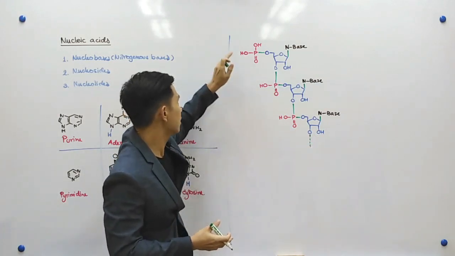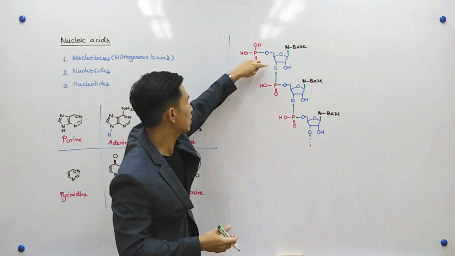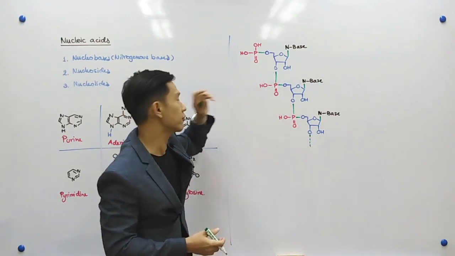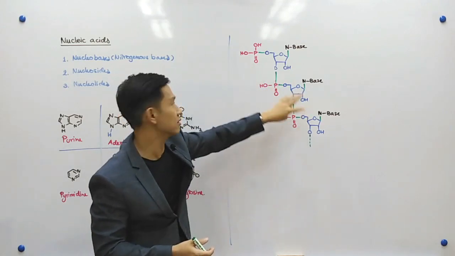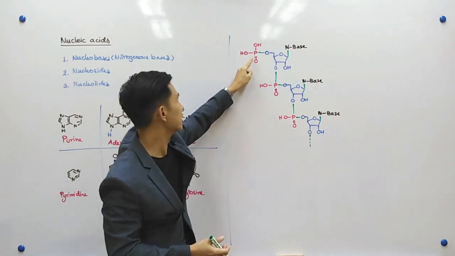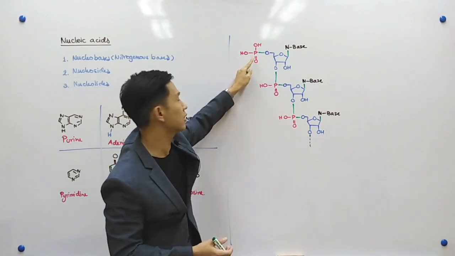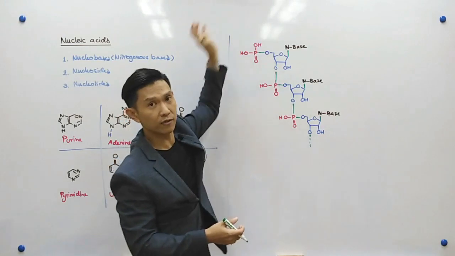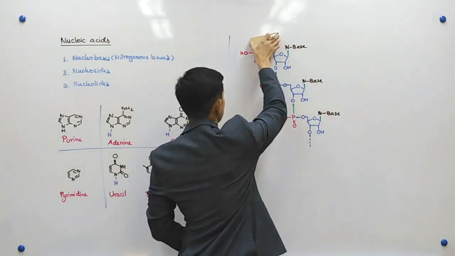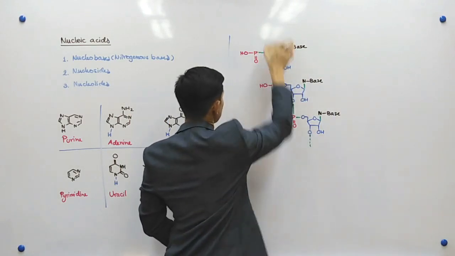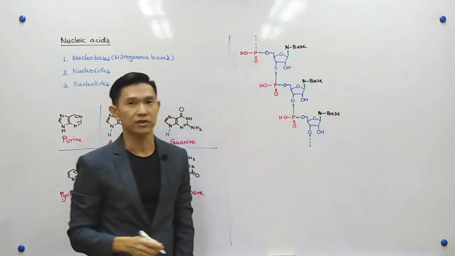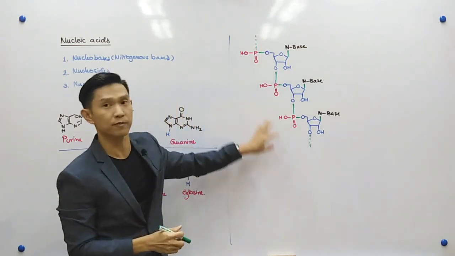And on the very top over here, the OH of the ribose connects with phosphoric acid from the second molecule. That means the phosphoric acid on the very top can be condensed with the OH of the ribose sugar on the next level. So at the very end, you have the polymeric structure of this kind of polymer.